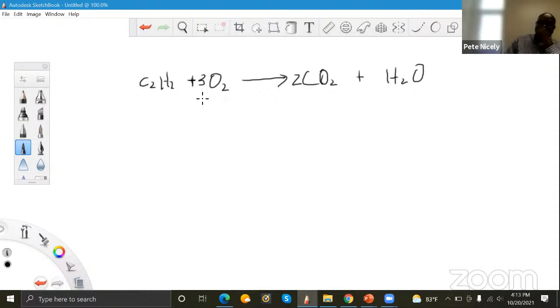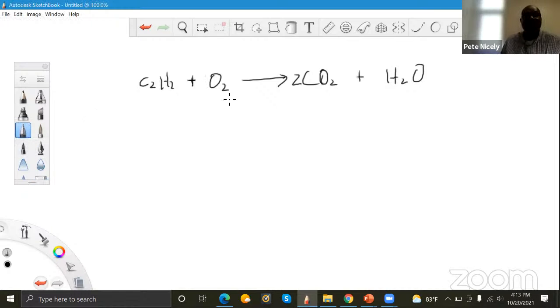Because if we do that, you're going to end up with 6 oxygens here, and you have 4 plus 1, 5 oxygens. Oh, you said never mind, okay. So I guess I need to erase that. Okay, so Taryn basically jumped the gun and gave the answer, but let me show you stepwise how you get the answer.